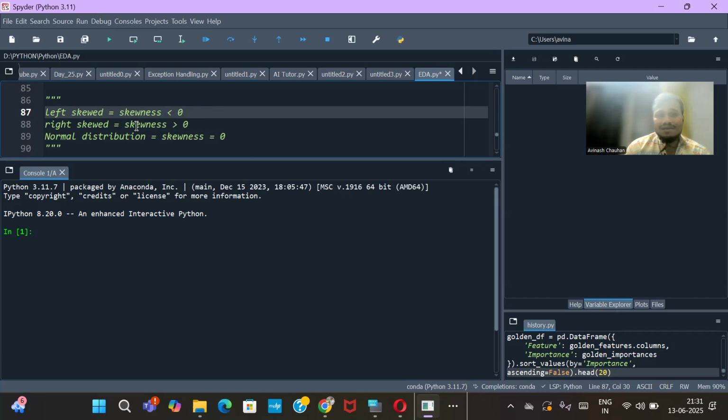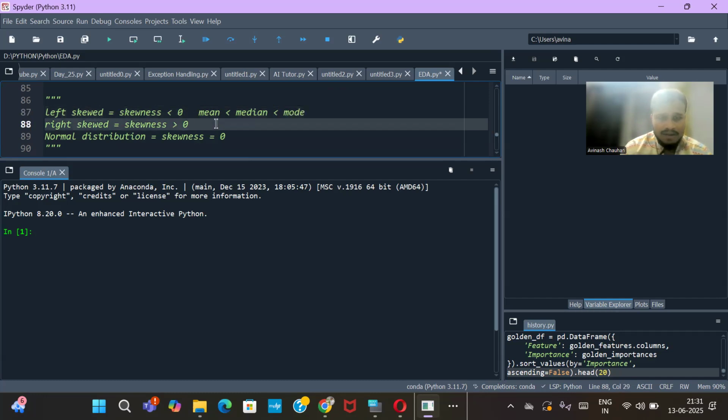And again one more thing to keep in mind. Whenever it is left skewed, negatively skewed, my mean will be always less. Mean will be always less than median, then comes the mode. And whenever it is right skewed, mean will be greater than median, will be greater than mode.